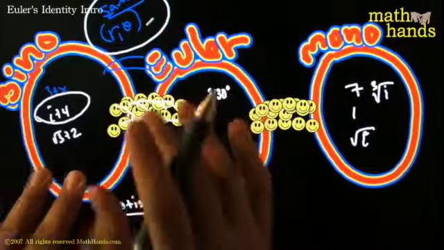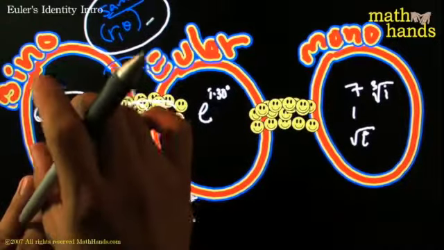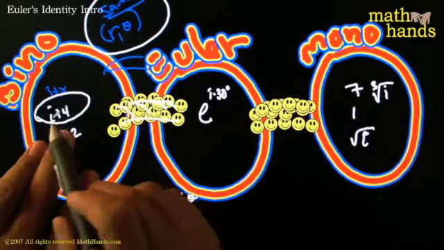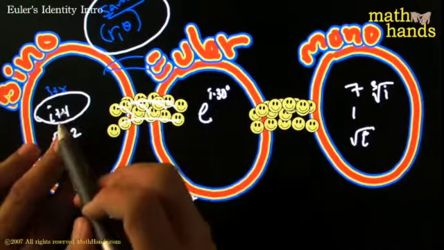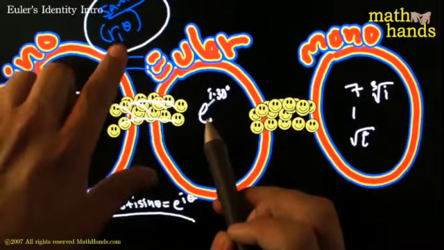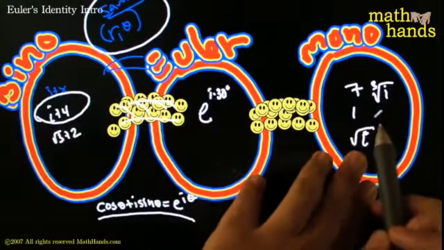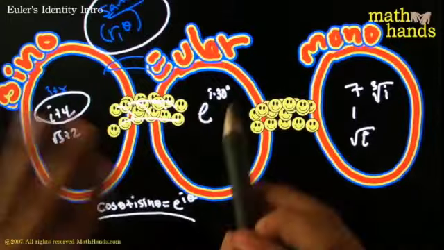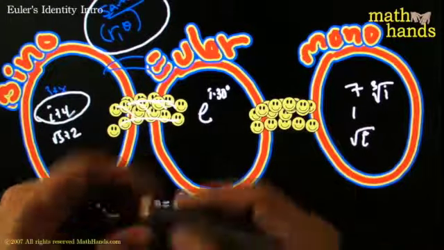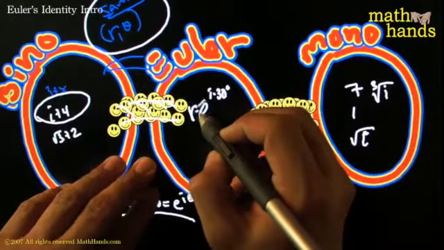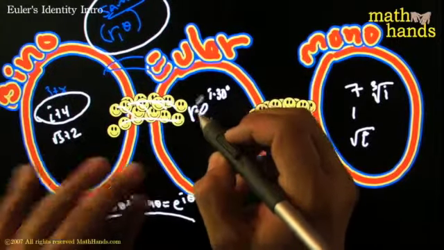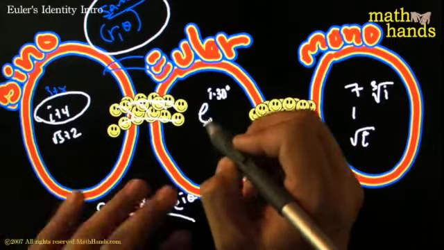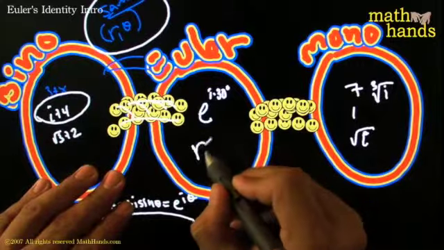Just to double check this, if you take cosine pi plus i times sine pi, this is what Euler's identity would say. You expand this, double checking like earlier. Cosine pi, that's negative 1, plus i sine of pi, that's i times 0. So this part gives me 0, it is negative 1. I told you. Did I tell you? So that was just to check.